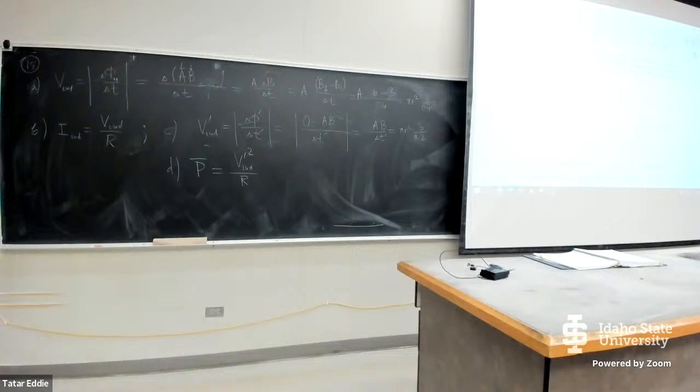Now, instead of the magnetic field disappearing, you have the area disappearing, but it is the same effect. Well, let's see what is happening here. So problem 17. Let me reduce the scale a little bit.